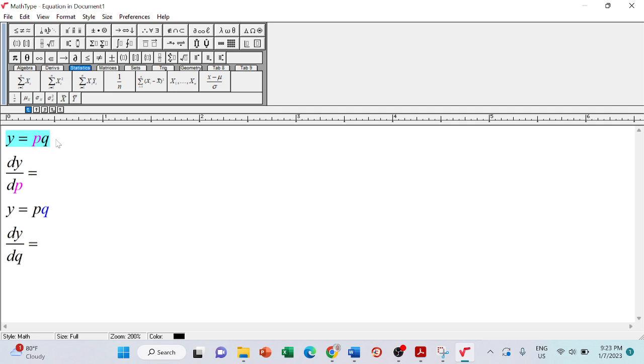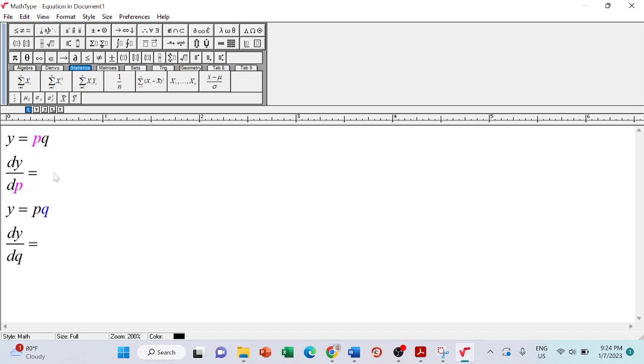Tapi sekarang ni, bila nak bezakan terhadap P, maksudnya differentiate with respect to P, kita akan assume Q as constant.